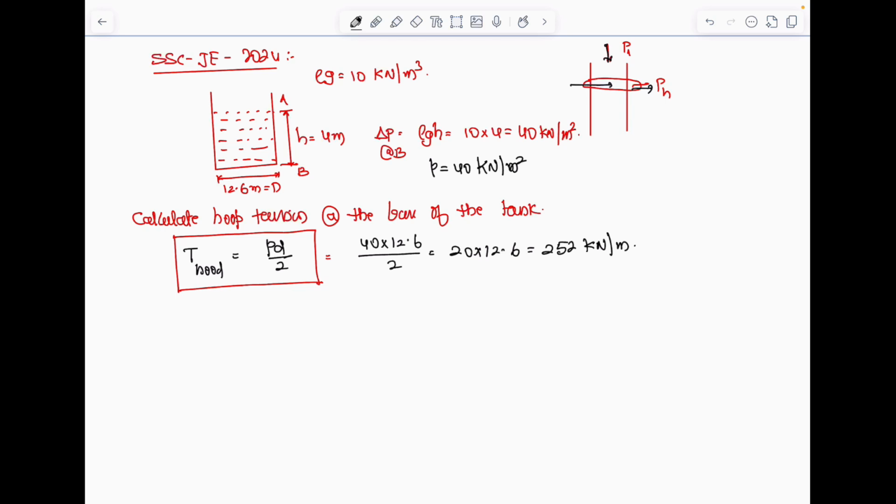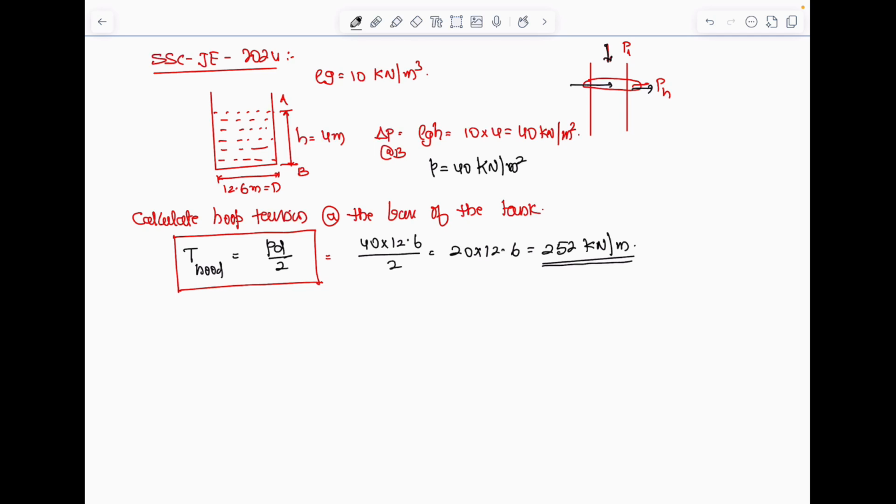We just see how simple it is, how easy it is. If you know how to calculate the pressure at a height, you can calculate the pressure at the bottom of the water tank. Then if you know the formula for hoop pressure or hoop tension, then from that you will be able to calculate the hoop tension per meter.